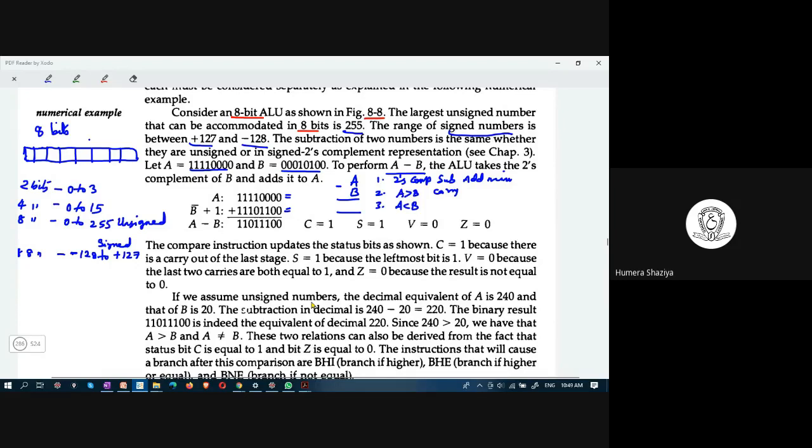If there is no carry, what is the result? What is the result if there is no carry? You have to think and tell me.